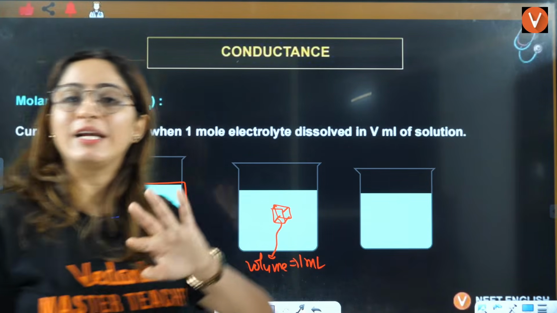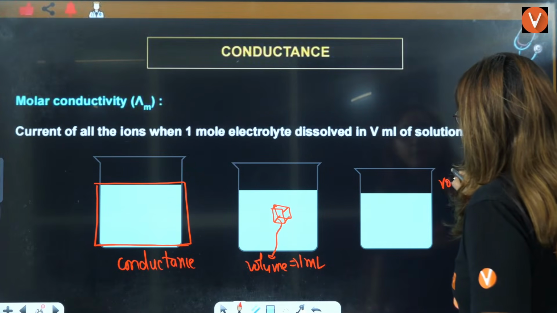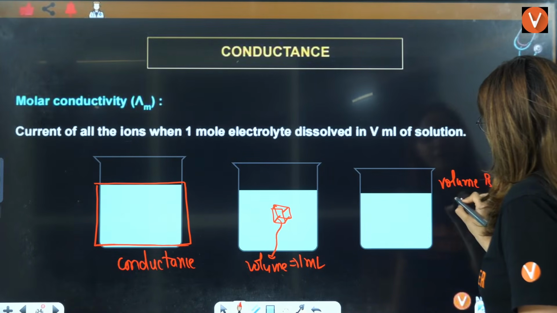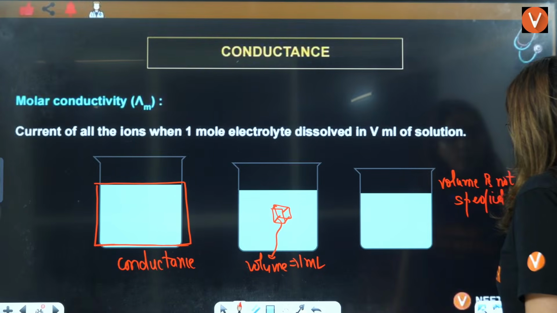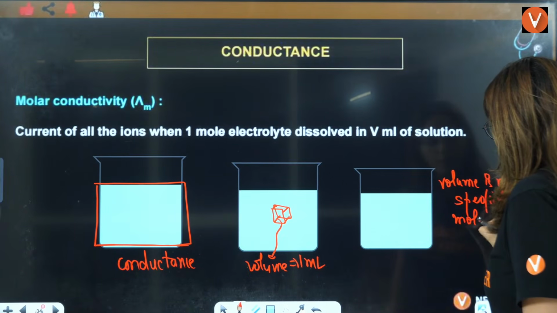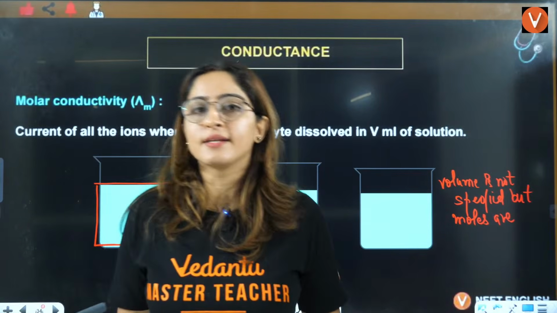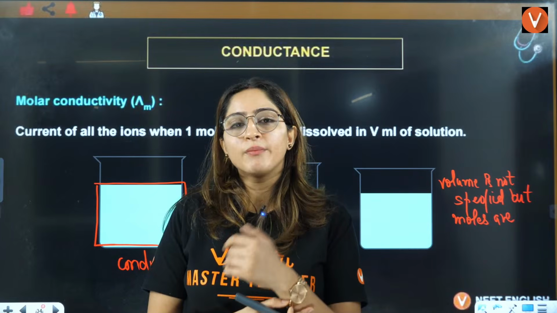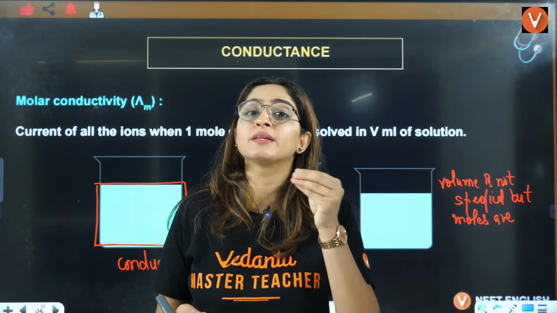Molar conductivity, we are not specifying the volume. Volume is not specified, but moles are. You can understand this: for example, I fix that in my class there should only be 20 students, there should only be 30 students.